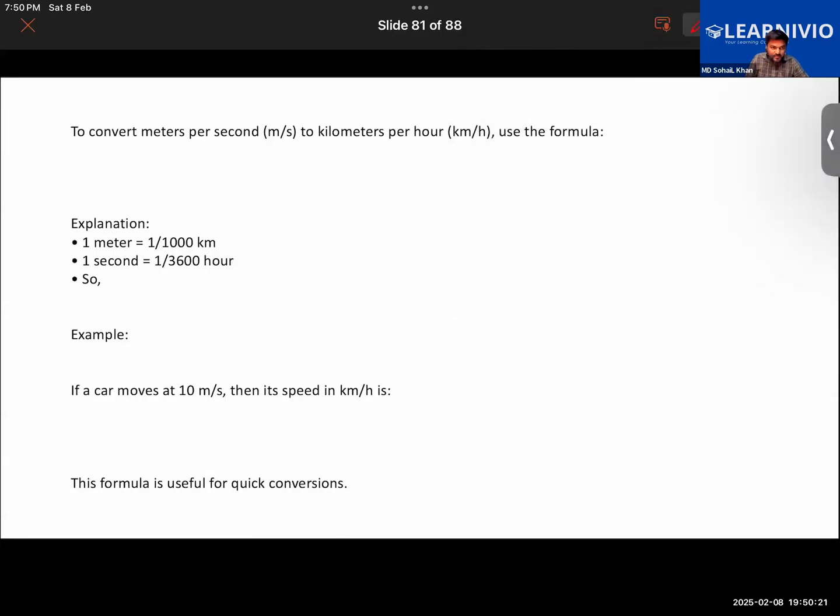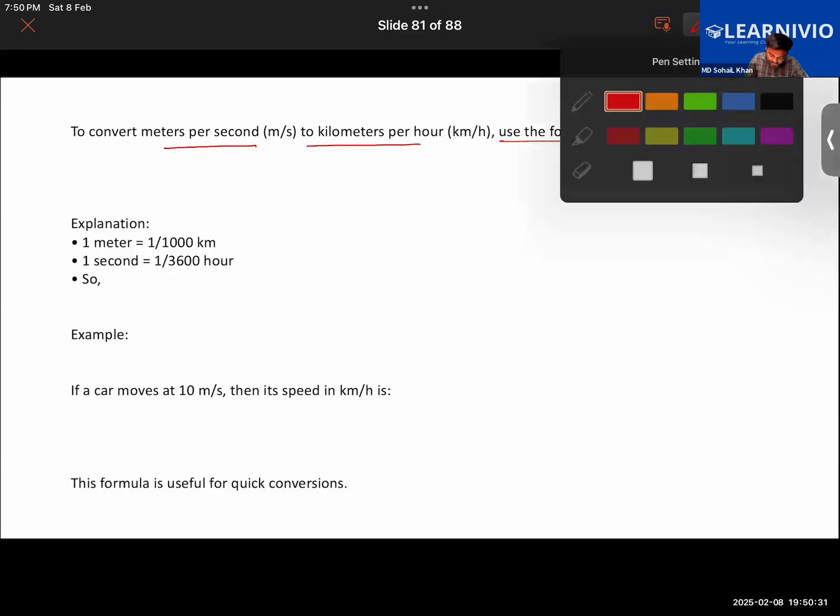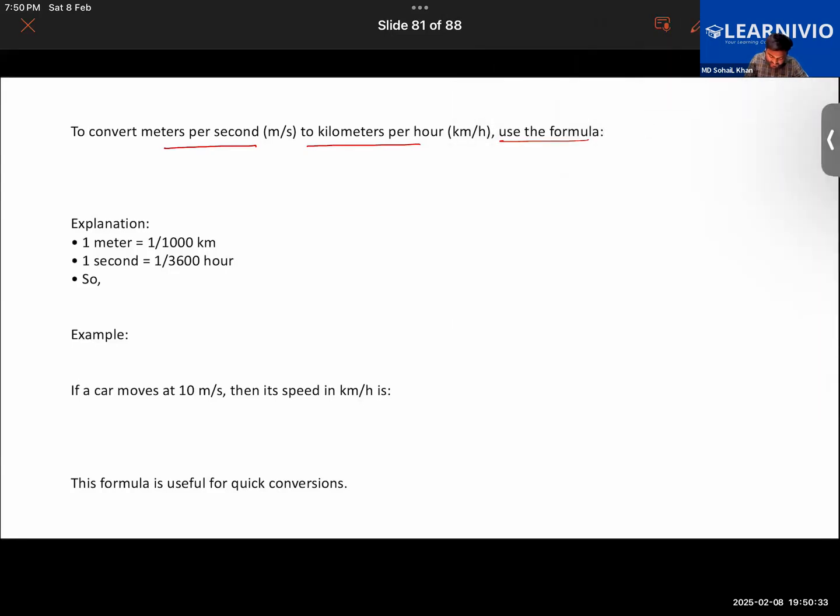So to convert meters per second to kilometer per hour, you have to use the following formula: you simply multiply whatever is the speed in meter per second by 3.6. So we see that 1 meter per second in terms of kilometer per hour is going to be 3.6 kilometer per hour.